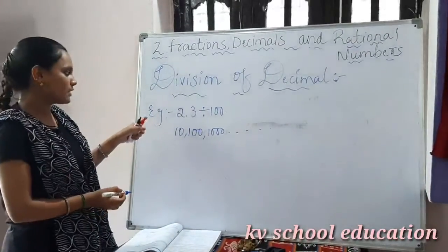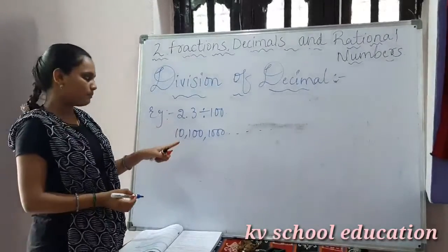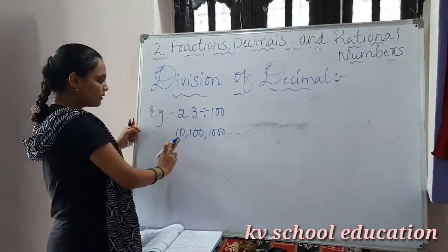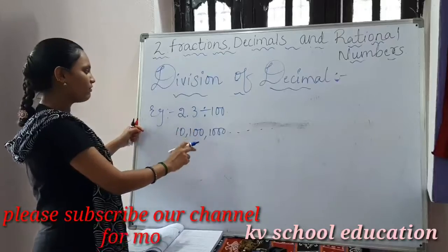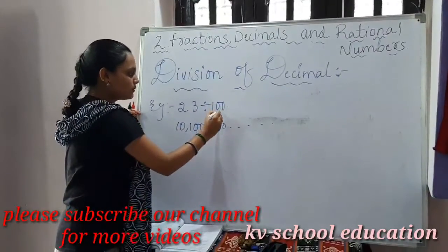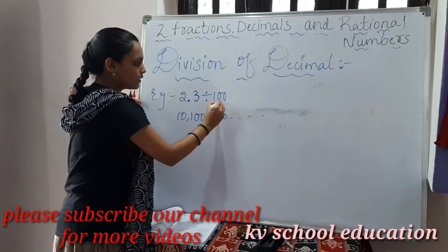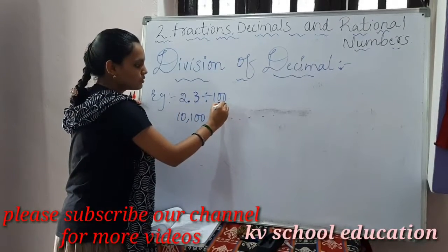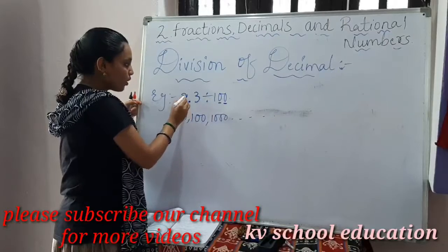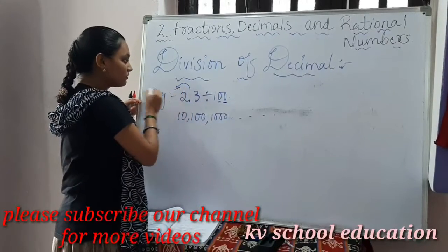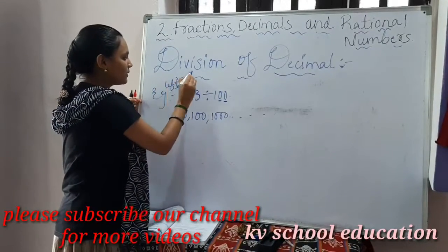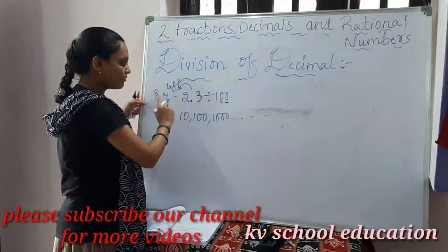I had also given it in multiplication, and in division the same is followed. Here the point is before 3, one digit, but here there are 2 zeros. So we should move the point towards the left-hand side. In multiplication right side, and in division left side.